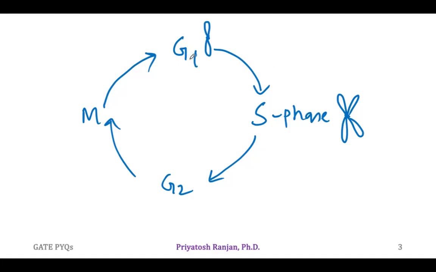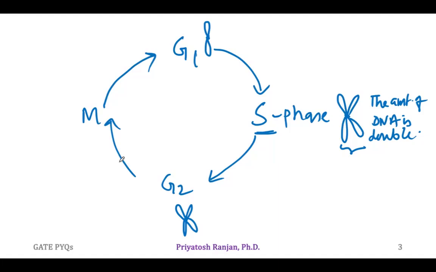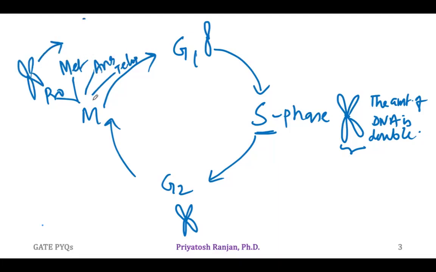But when we compare G1 with the S phase, this chromosome is carrying 2 sister chromatids, so the amount of DNA is double. As we all know, DNA replication takes place in the S phase. Even during the G2 phase, this structure is maintained. During the M phase, we have prophase, metaphase, anaphase, and telophase. At the end of the M phase, at the end of telophase, we'll get 2 identical daughter cells carrying an equal number of chromosomes.